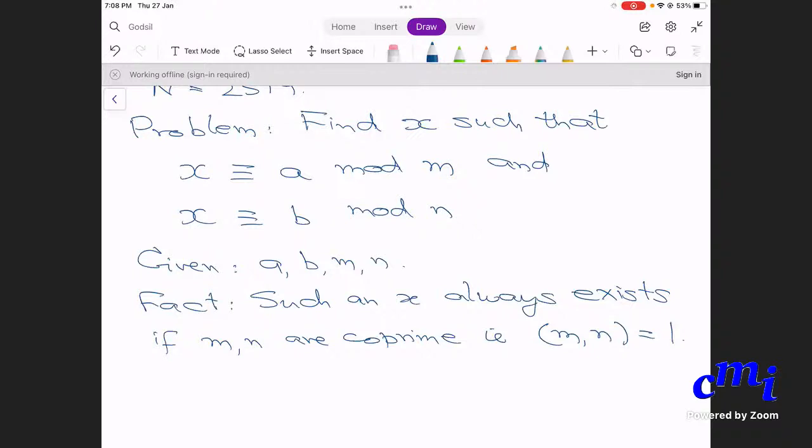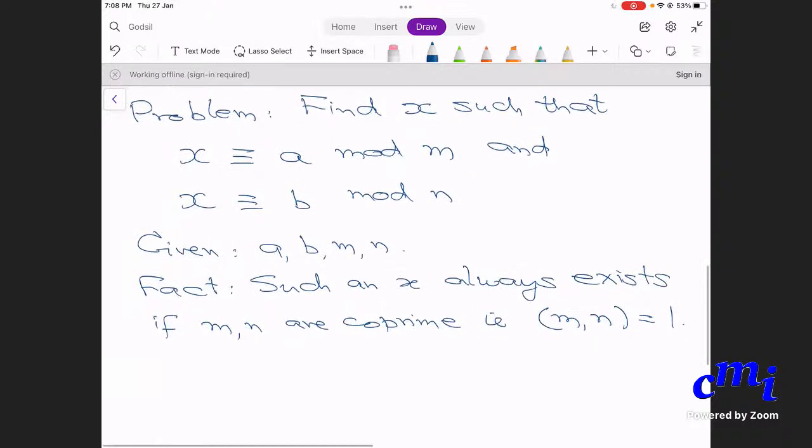So such an x always exists when m and n have GCD 1. Let us try and see why this is the case. It's not hard to see that this is correct. One very fundamental fact about co-prime integers is that some linear combination of the two is 1.